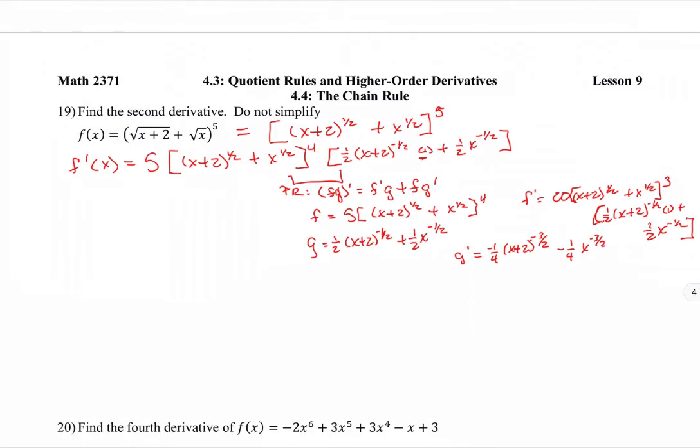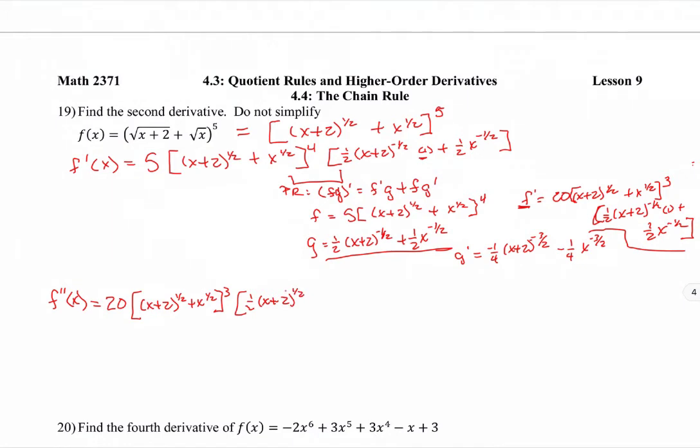All right, so now I find f double prime. So that is f' so that's 20 times (x plus 2 to the 1/2 plus x to the 1/2) raised to the third times, notice that this thing is here and here, so I have two of them. So I'm going to square it. Squared.